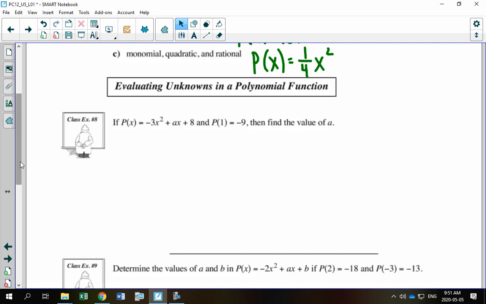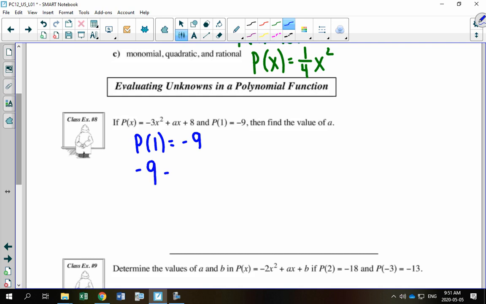Okay, so they gave it to us in that function notation. So they're saying if x is 1, so p of 1, it's negative 9. So negative 9 is equal to, and wherever I see an x, I'm going to put in a 1. So 1 squared plus a times 1 plus 8.